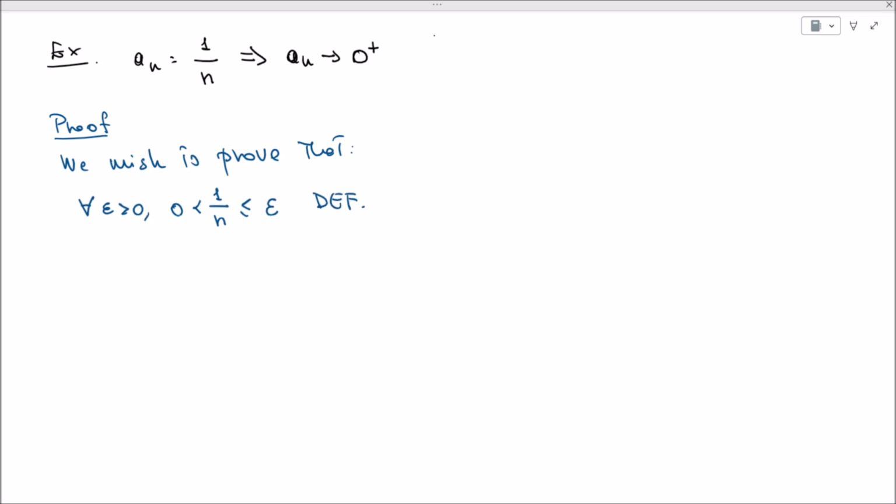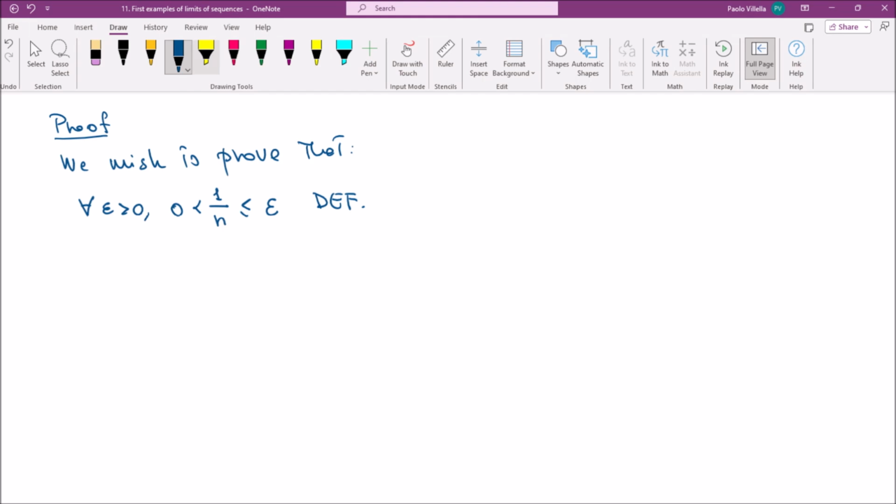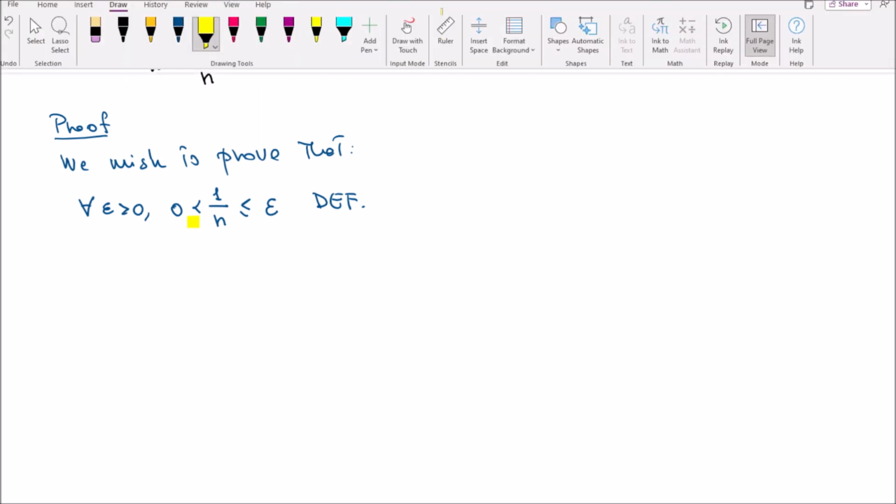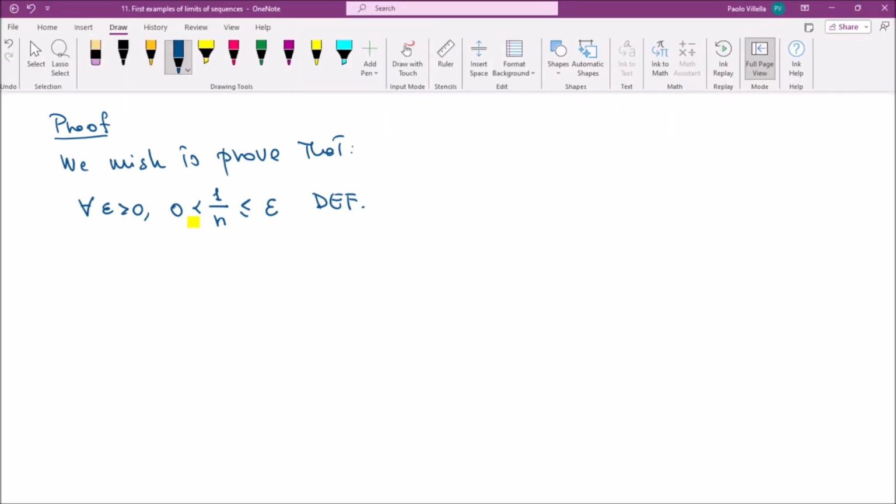Now, we need to find out if there is a way of making this inequality true definitively. Well, for the first part of the inequality, of course, we don't need to make any check because we know that 1 over n is always larger than 0. So we only need to check the second part, the fact that 1 over n is less than or equal to epsilon.